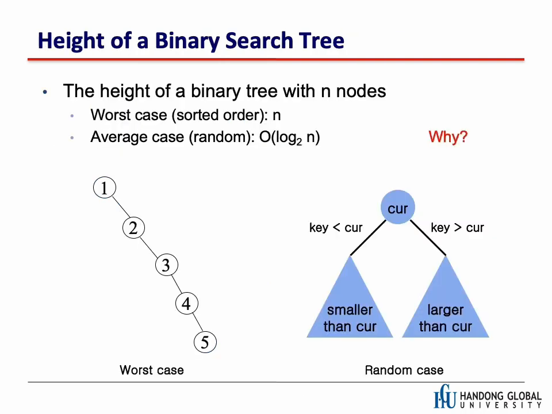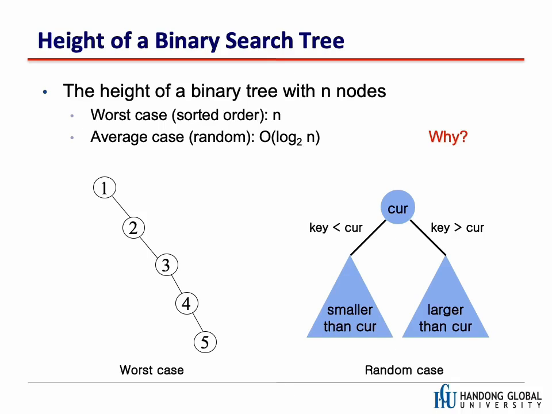When we work with the binary search tree, basically all the computation cost of the algorithms pretty much depends on the height of the binary tree. And the height of a binary tree with n nodes could be n for the worst case, and it could be log n for the average case. For example, when we have 5 nodes, for the worst case, we can have this skewed tree, and in this case, the depth of this tree is 5, and that's the worst case.